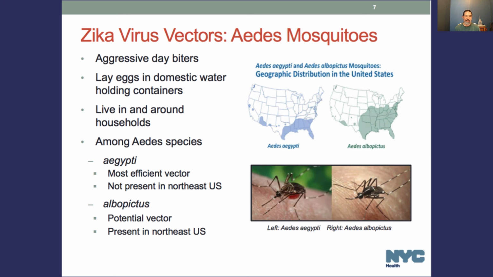And specifically among the Aedes species, there's Aedes aegypti, which is the most efficient vector, and it's not present in the northeast US. It's been known to exist in some of the southern states and also in the southwest. But Aedes albopictus is a potential vector, not the most efficient one, but is present in the northeast US. You can see some pictures of these different mosquitoes here.